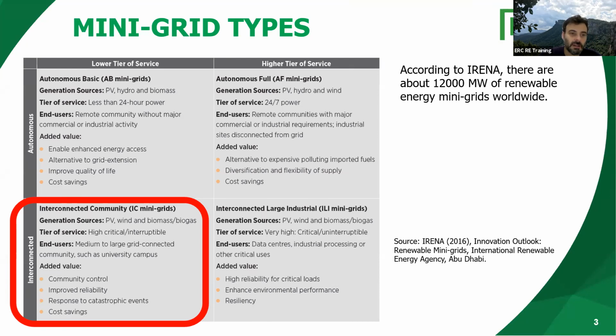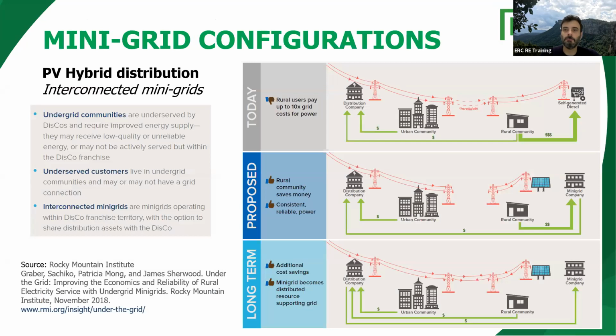They can cover small towns or even university campuses. We have some examples around the world, and even in Nigeria, some projects, and at least one project that I know of in Ghana, in South Africa, etc. And they have obviously some added value with respect to autonomous off-grid mini-grids or grid-connected solutions.